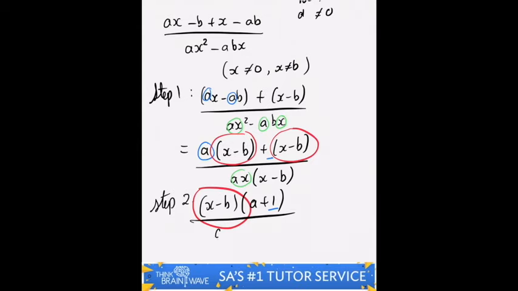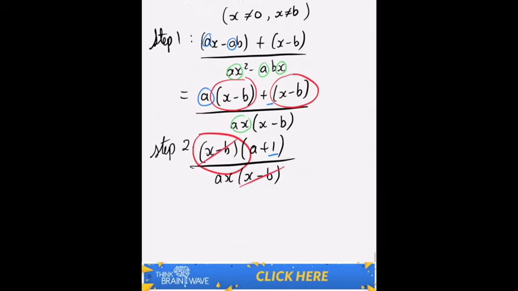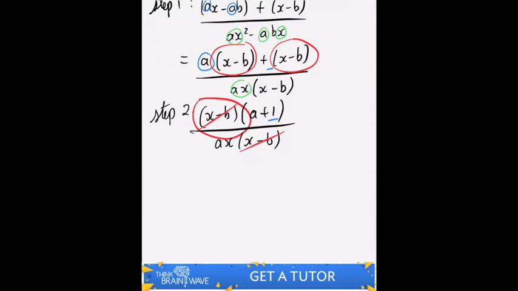You then have ax times x minus b. These two cancel. You're left with your step 3, which was cancelling. You then have a plus 1 over ax. And there's your answer. Easy game.